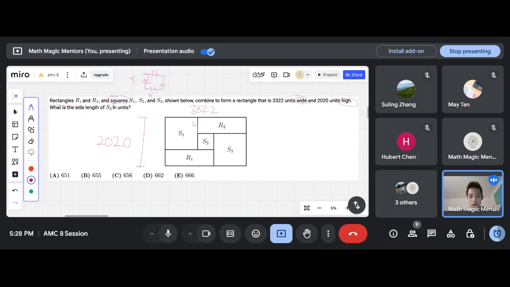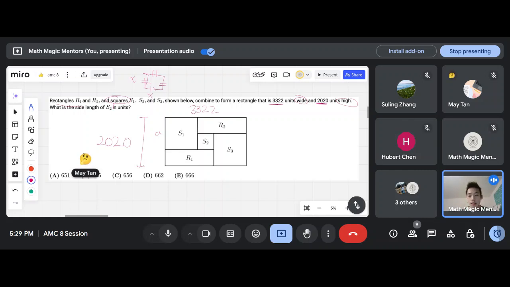So let's assign variables to the side lengths of S1, S2, and S3, and see what happens, because I have a feeling we can make some equations from these variables. 3322 and 2020 are probably nothing special, they're just the length and the width.